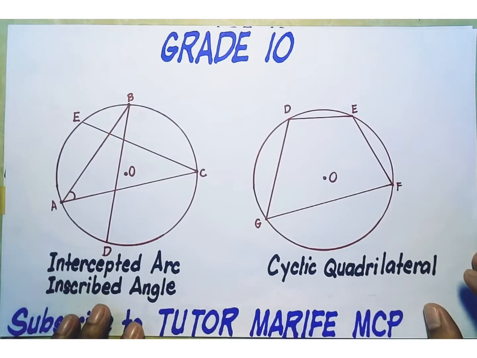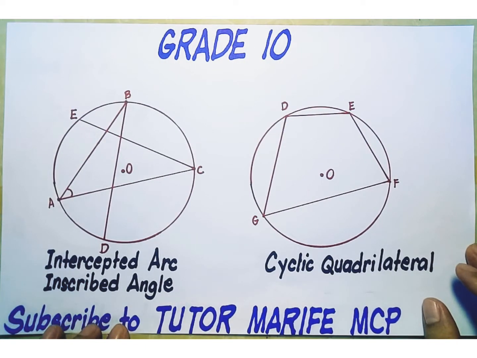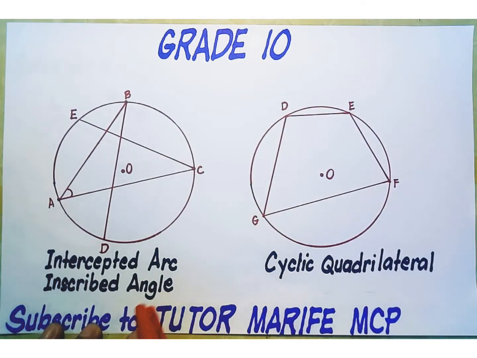I have here three terms: intercepted arc, inscribed angle, and cyclic quadrilateral. Let's start with the inscribed angle. What is an inscribed angle? It is an angle whose vertex is on the circumference of the circle.